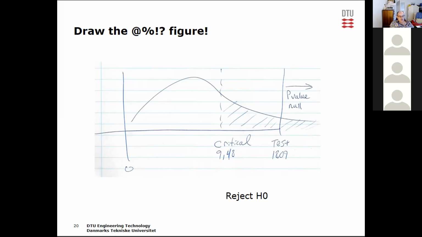So that's how that one works, and that's pretty standard. So we know that this model is significant.